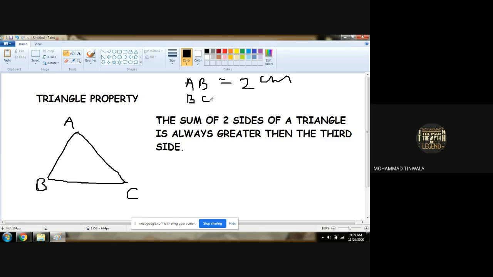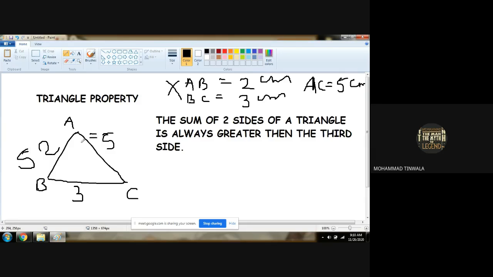BC is equal to 3 centimeter. And AC is equal to 5 centimeter. Now check whether the triangle is possible or not. But according to me, this triangle is not possible. Why? Because AB is what? 2 centimeter. BC is what? 3 centimeter. And AC is what? 5 centimeter. So 2 plus 3 is what? 5. Now 5 should not be equal to 5 on the third side.